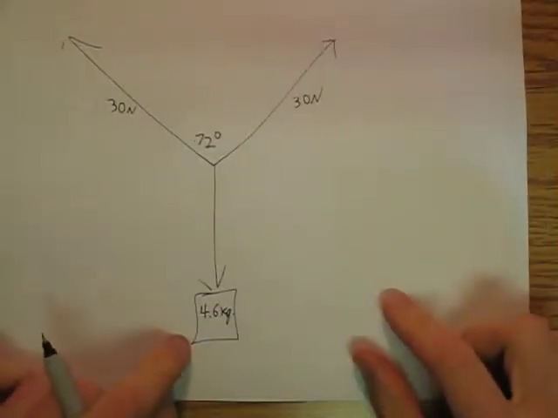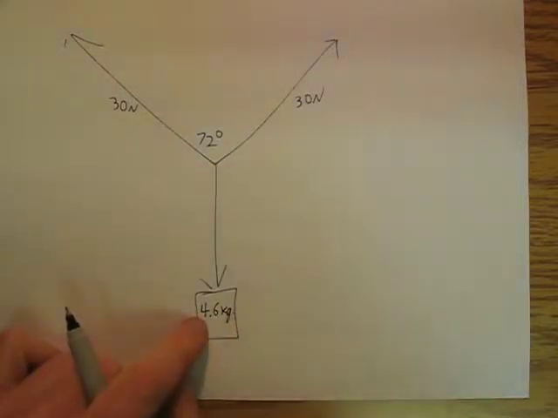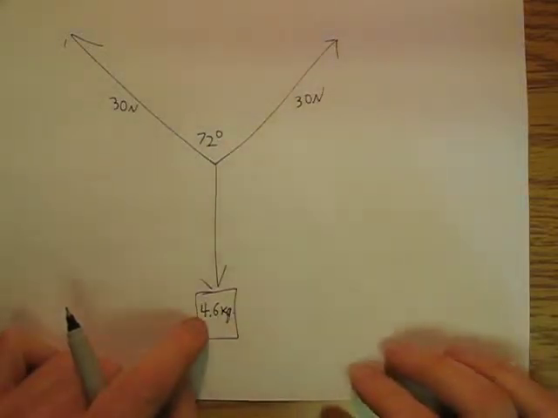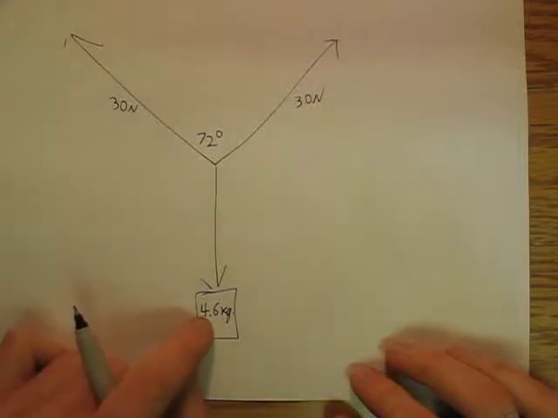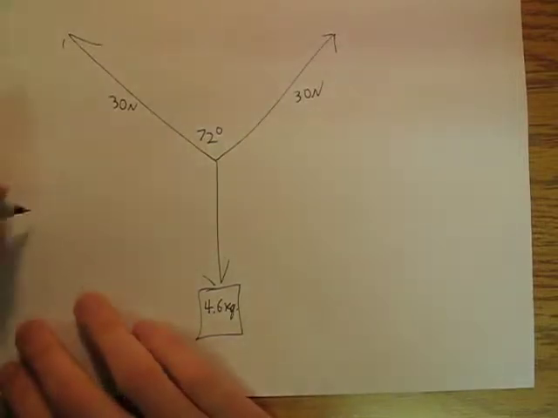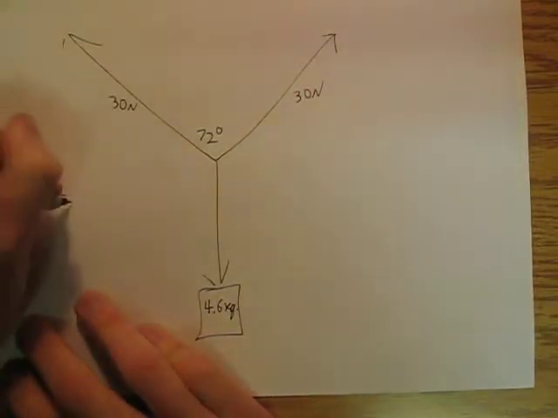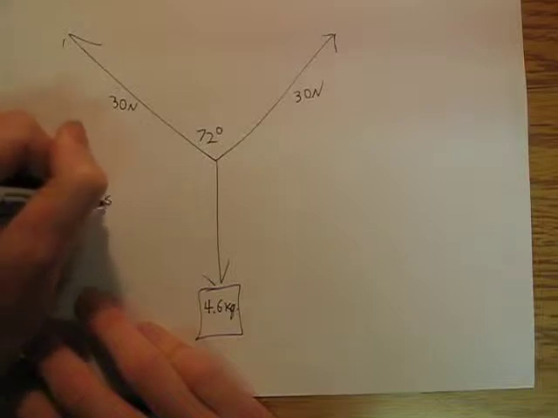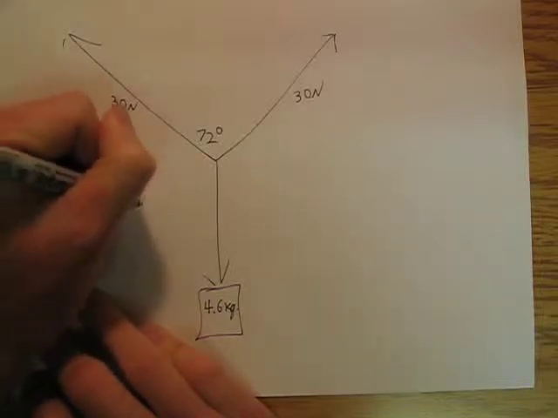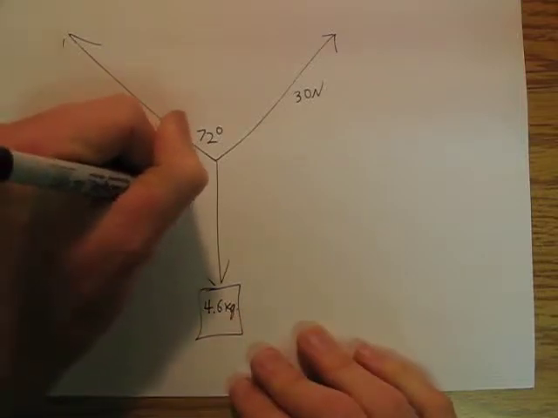Well, now we haven't really done this yet, but we need to convert 4.6 kilograms, that's a mass, into a weight. So weight equals mass times 9.81 meters per second squared.